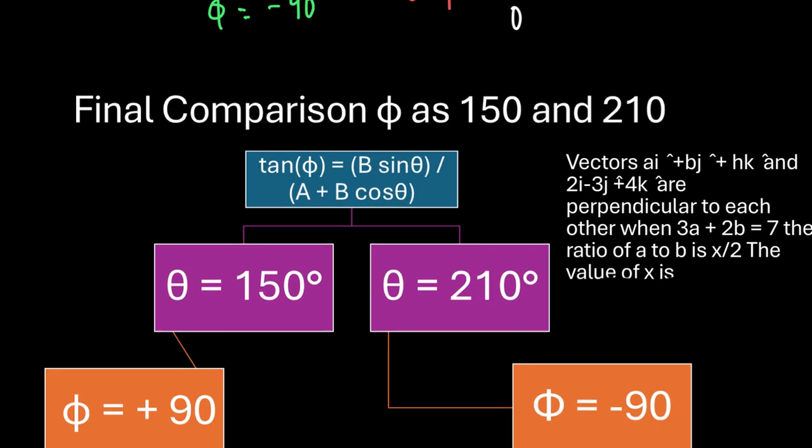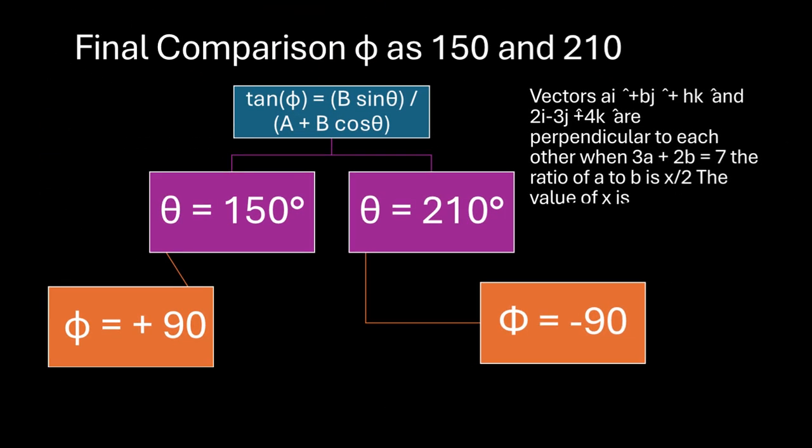Okay. So if we compare these two angles, when theta is equal to 150, in other words the angle between vector A and vector B is 150 degrees, then the angle between vector R and vector A is 90 degrees, which matches the question's perpendicular condition.